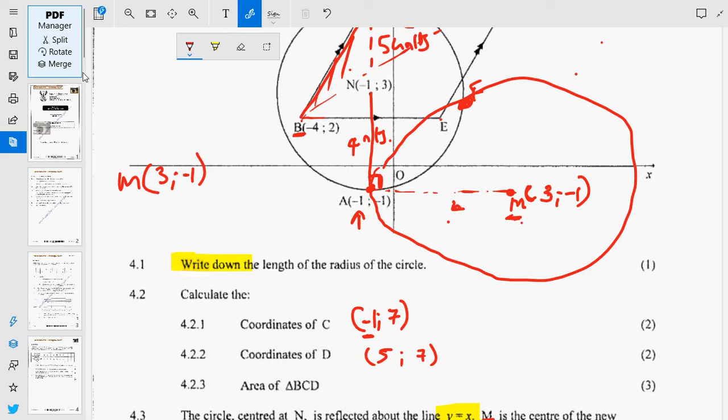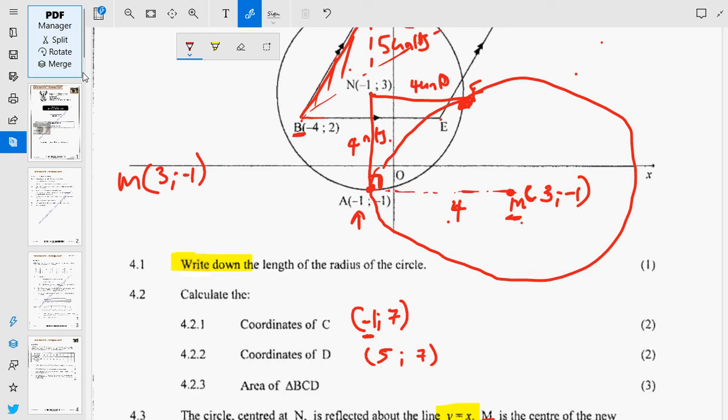And the radius of the same circle, the circle reflected across the line y is equal to x, will be 4 units. And remember, from N, now this diagram is not drawn to scale, but I hope you see where I'm going here. Now from N to F, that is from the center to the circumference, this must be 4 units.